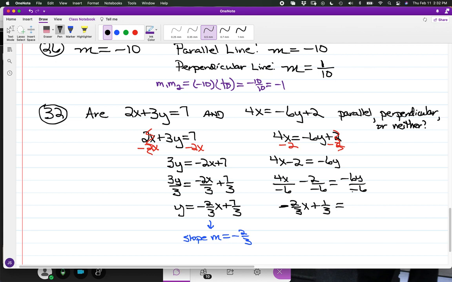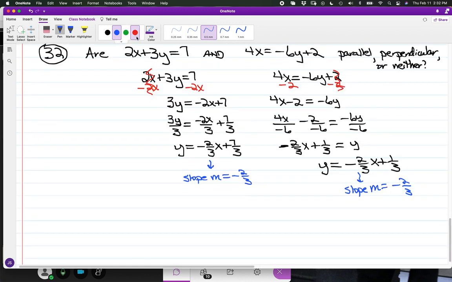Negative 6y over negative 6 goes to y, and just reversing the sides, we have y is equal to negative 2/3 of x plus 1/3. And so the slope is equal to negative 2/3.